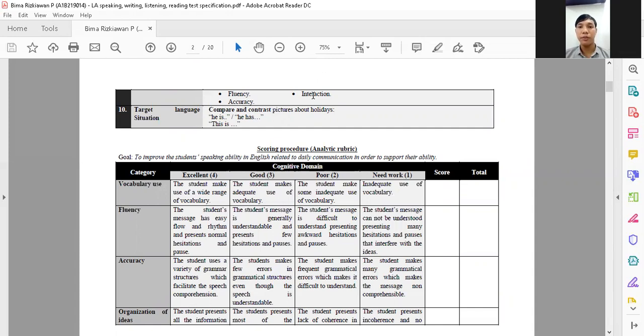There are fluency, interaction, and accuracy. And the 10 points is for the target language situation: compare and contrast pictures about holidays. For example, he is or he has, and this is.